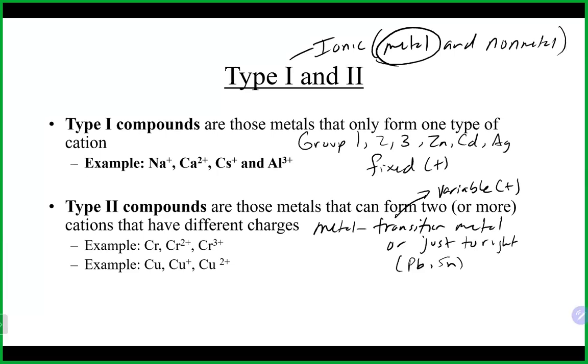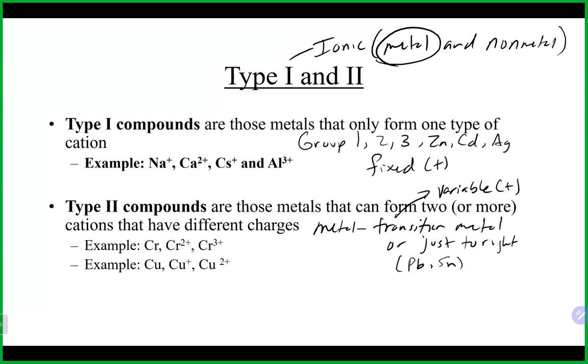Because they have that ability to make multiple types of charges, it is important who they are attached to in terms of what charge you see. Again, it's because these transition metals have those s electrons and d electrons, so they have the ability to make a variable type of charge. That is different than group 1, 2, or 3, because those have a certain number of valence electrons, and as soon as they go through them, they're into the core electrons and won't make anything else.